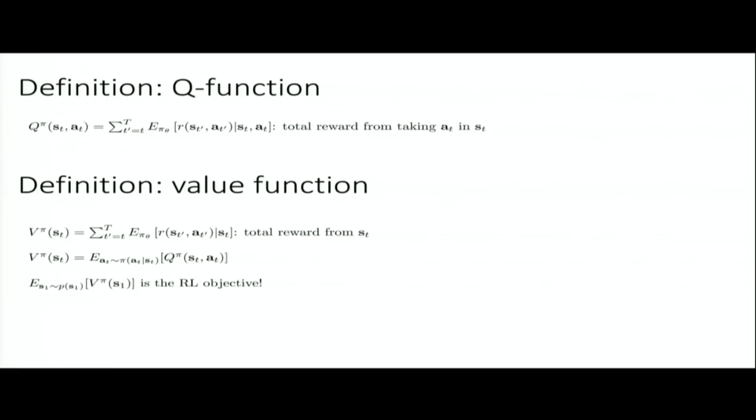Isn't it actually the expectation over the density function of the immediate reward you get at each state? So this is the expectation over the initial state distribution. Yeah. So if the value function is defined as the sum of the expected rewards that you'll get starting in a particular state, and then you average this over all the initial states, then you get exactly the sum of rewards overall. Yeah, that's right.